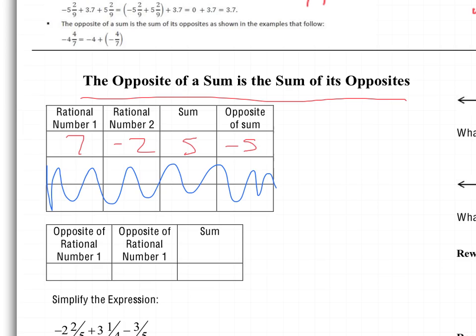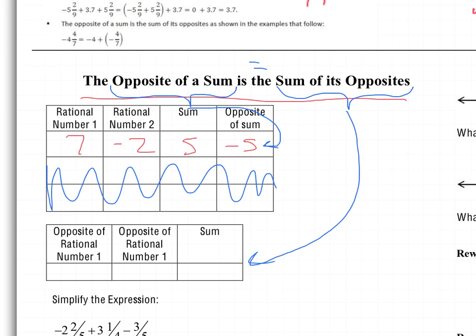So we would expect the opposite of the sum. Okay, so opposite of a sum, that'd be this part here, is going to be equal to the sum of its opposites.